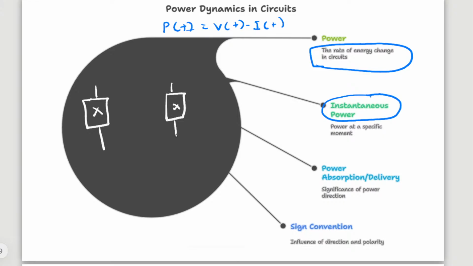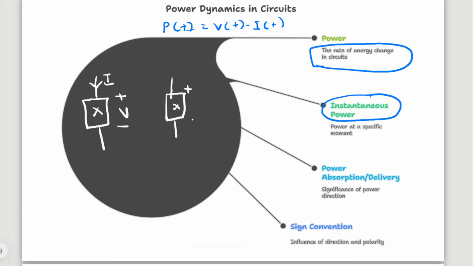Now, let's say the voltage is marked like this. The current direction is like this here.